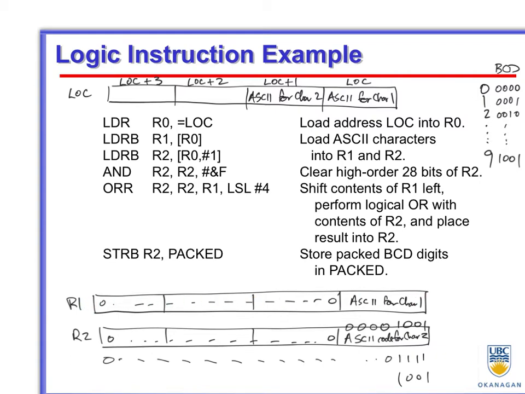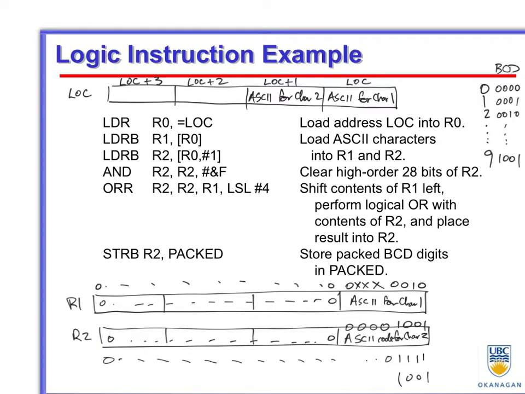Let's say R1 has the ASCII code for 2 in it. I don't remember what the 3 most significant bits in the ASCII code for 2 are. Let's call them X, X, X, X, and then we would have 0, 0, 1, 0 if we were storing the ASCII code for 2 in register R1. And this would be a 0, and then all of these are zeros. That's what we've got in R1.